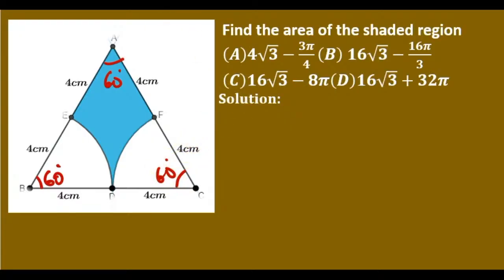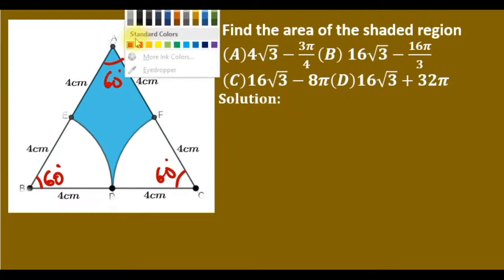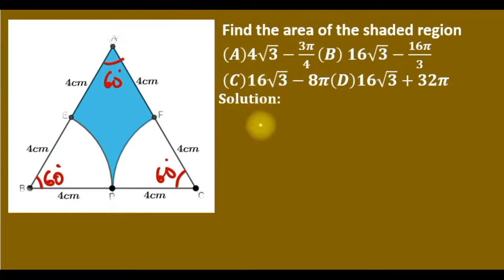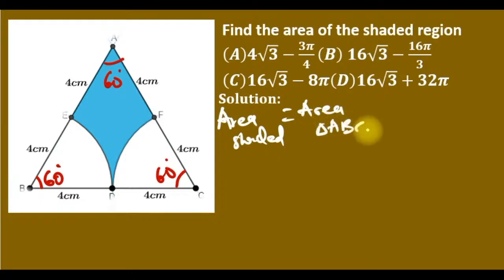So we now have that the area shaded is equal to the area of triangle ABC minus the area of the two sectors. The sectors are congruent, the same measure.